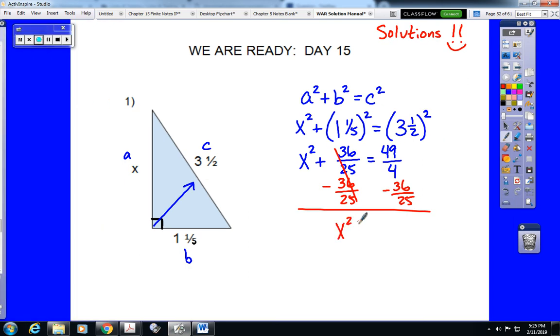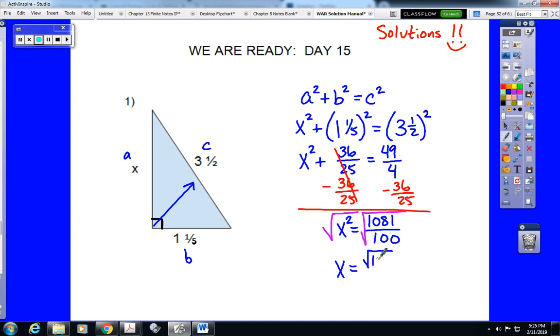So x squared equals 1081 over 100. And then we would be taking the square root. Now folks, you're welcome to try to do that on the calculator.